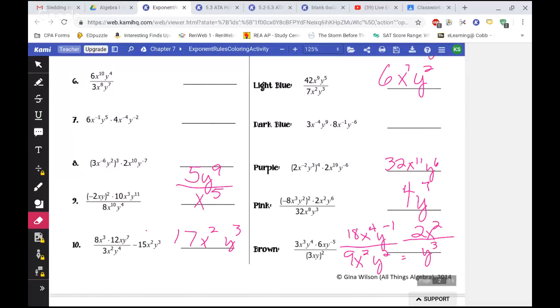But other than that, if it's just straight up multiplication or division, it's handled the same exact way. That doesn't change. It's just that you're using your exponent rules to deal with the variables and integers that contain exponents. Does that make sense? Yes. Okay, good.